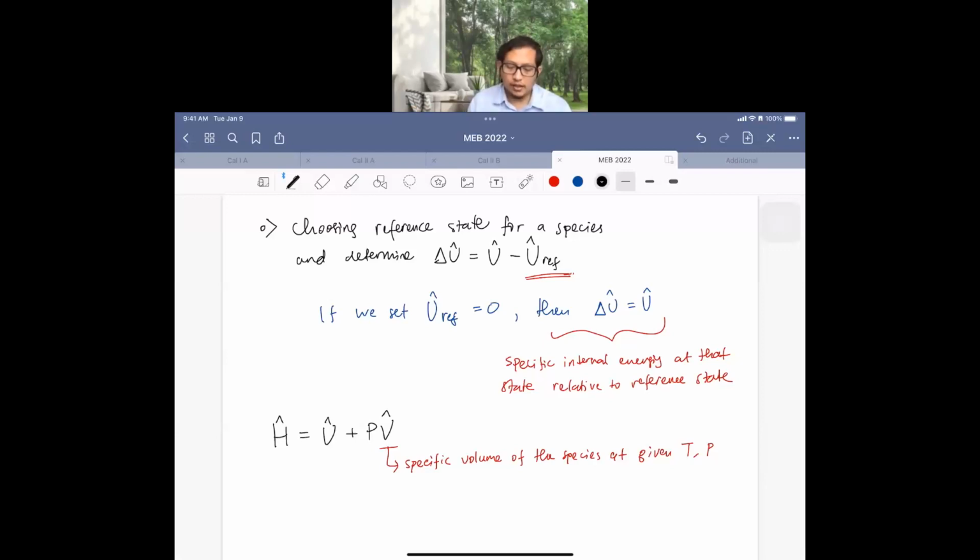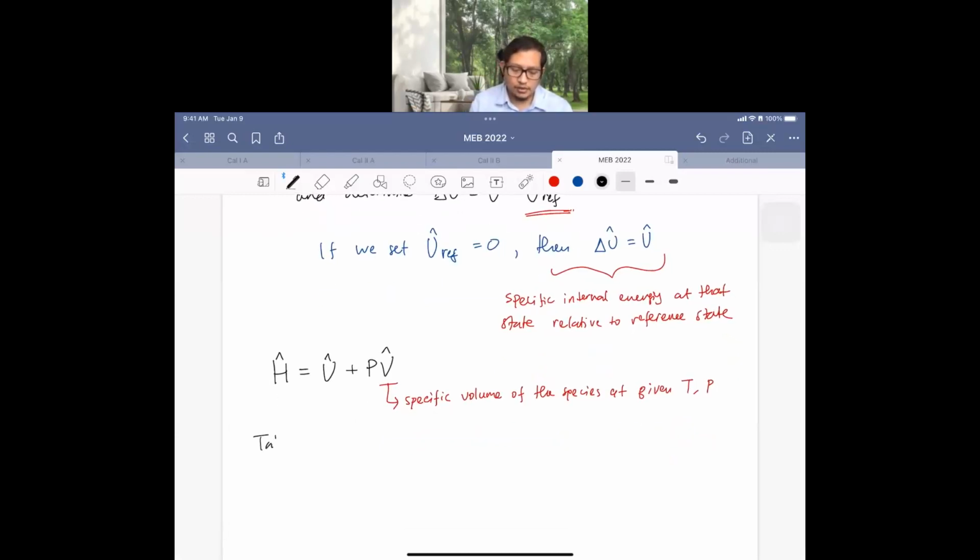And that is how the table can be drawn or created from this assumption, I mean this assumption here, the reference state.